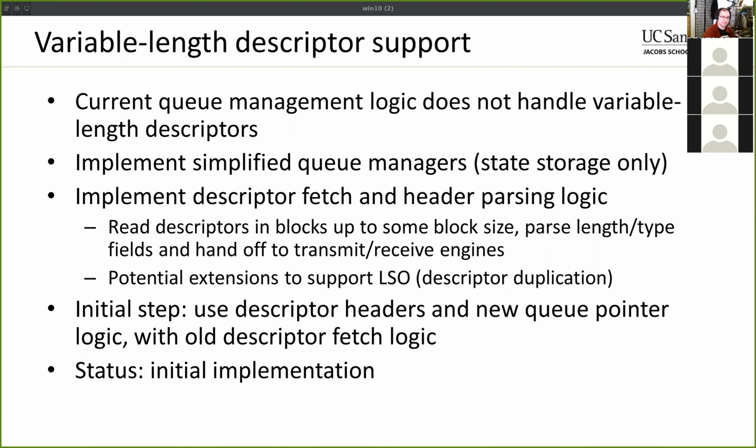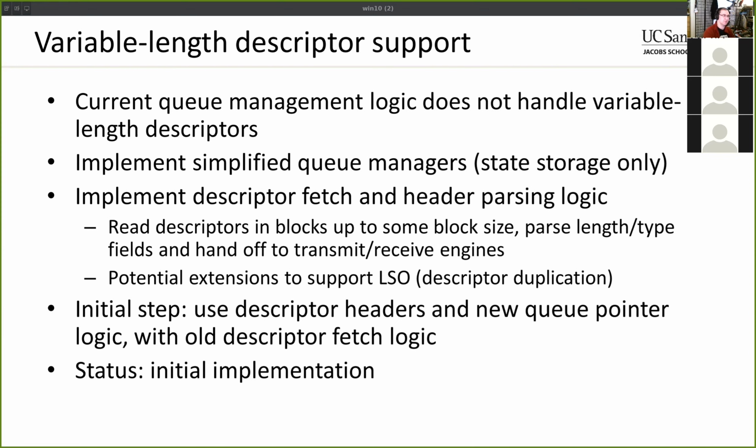So the initial step that I'm going to do for this is effectively to move over to using the new descriptor format without fully implementing it in the hardware. Currently the first 2 bytes of the descriptors just coincidentally are not used by the hardware or by the driver, and those are the bytes I'm going to use for the descriptor header.